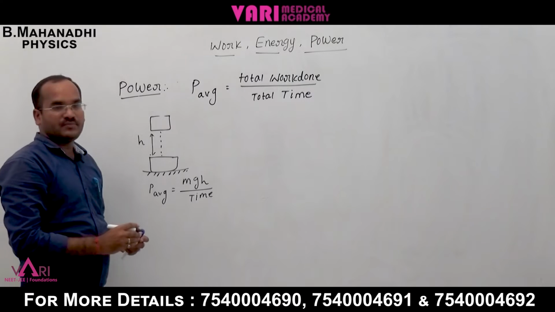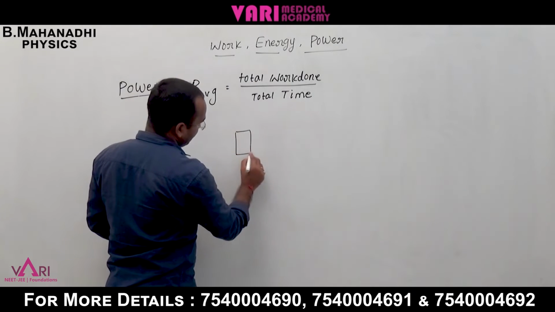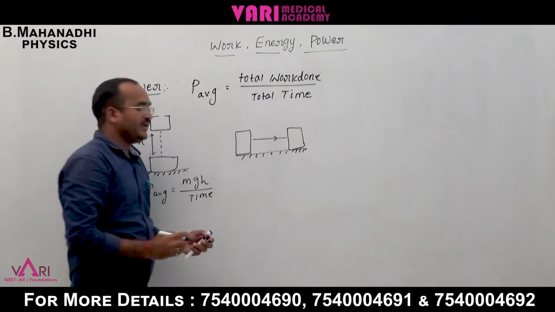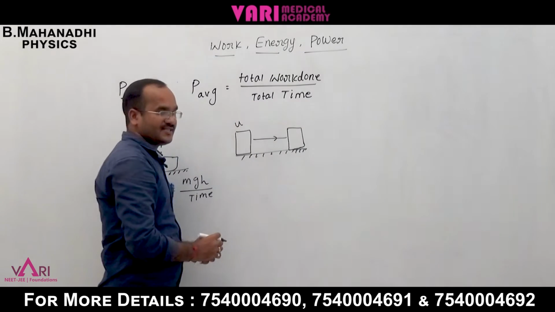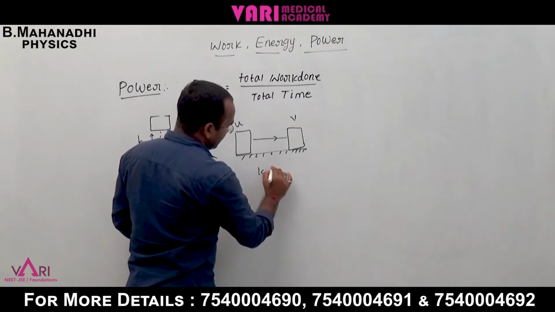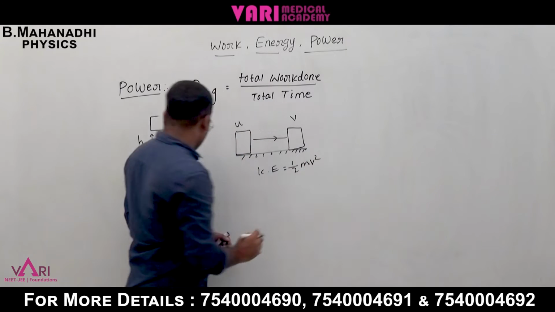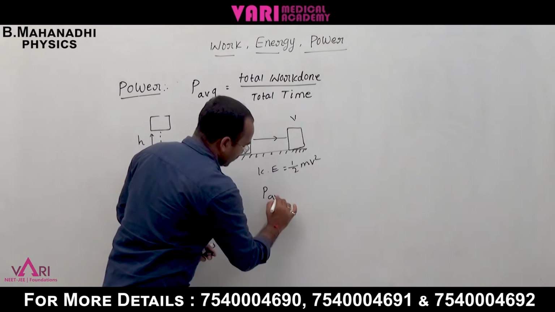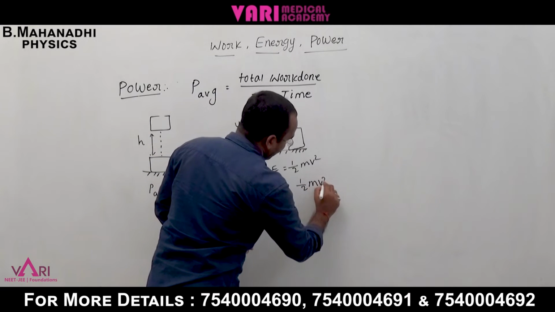Suppose a body is moving horizontally on a horizontal surface. Here it has kinetic energy, because the body has an initial velocity u and a final velocity v, so the kinetic energy is half m v square. Now the average power, P average, is equal to half m v square divided by time.